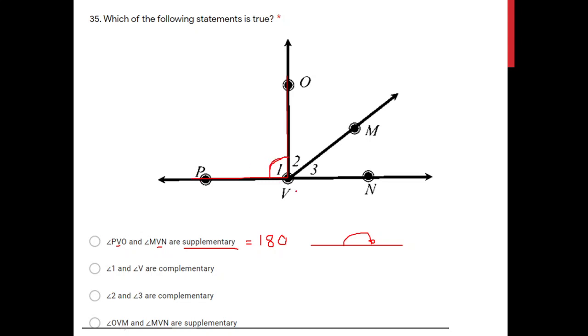It's in between PVO. So the vertex is the location of the angle, V. Next, MVN. So they have the same vertex. This is MVN. We're talking about this angle here.